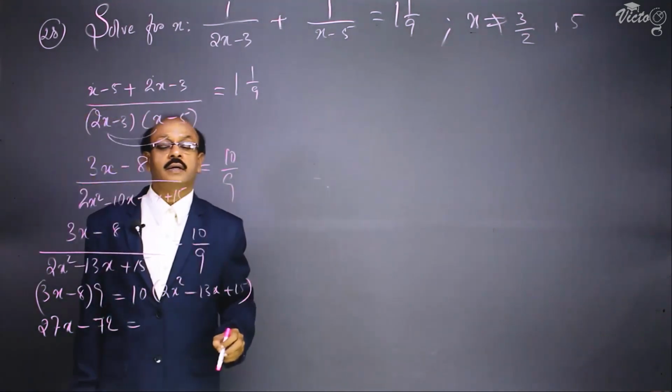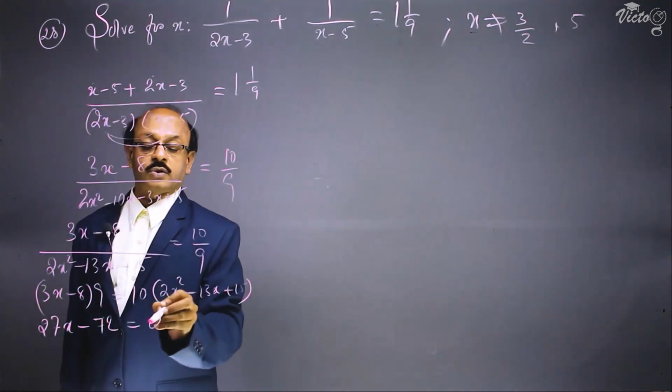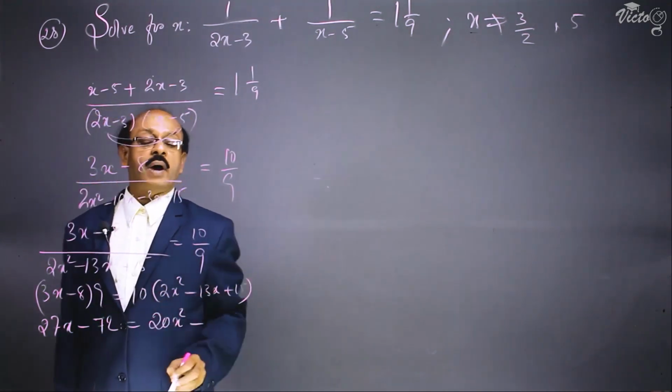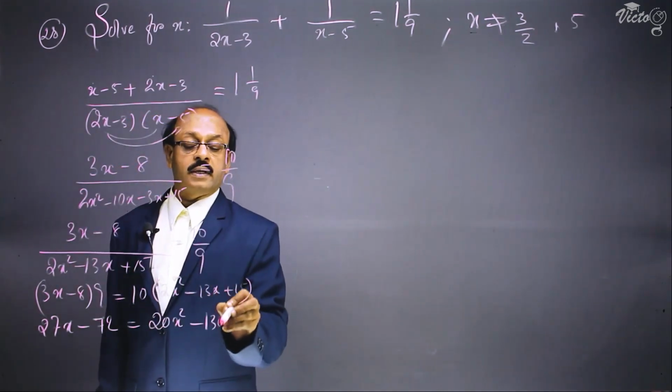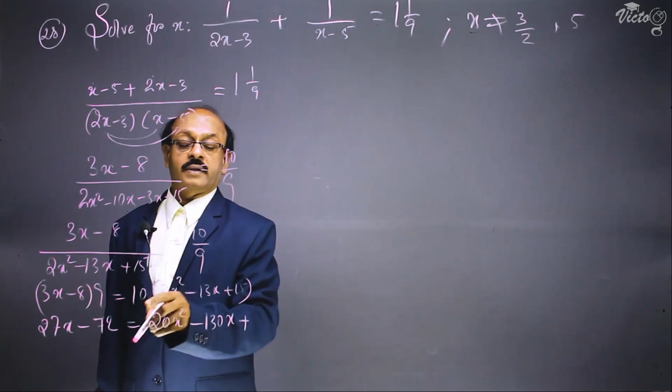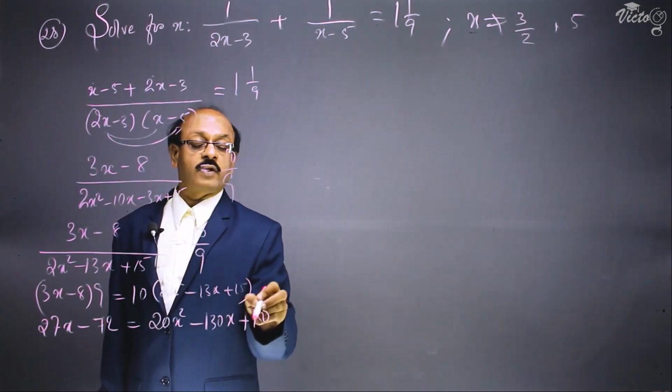On the right side it is 10 into 2x square, 20x square, minus 10 into 13x, 130x, plus 10 into 15, which is 150.